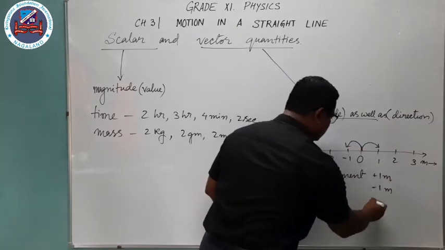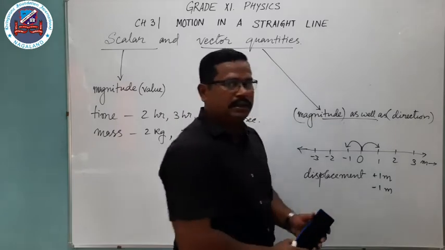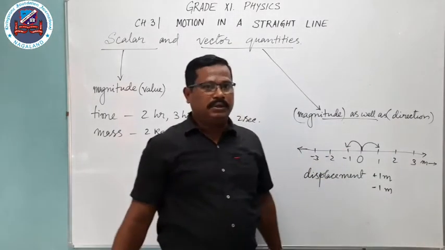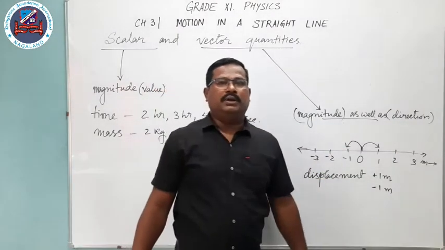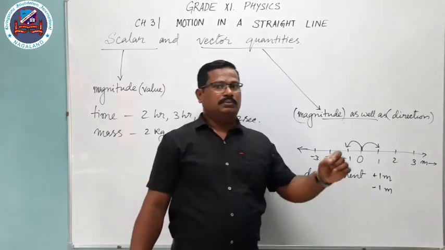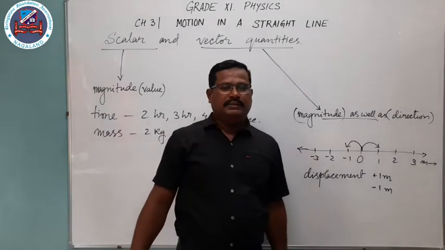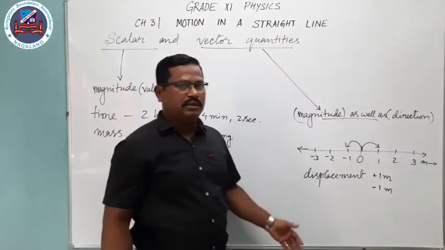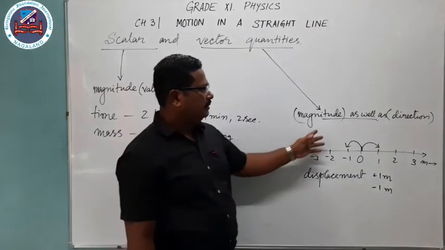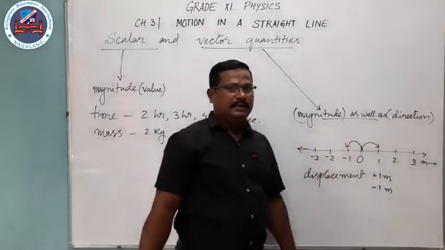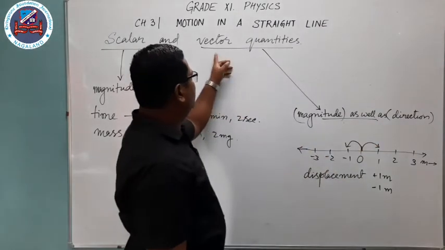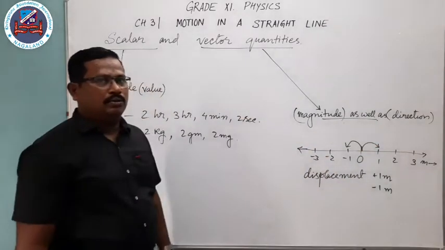Like that, velocity is a vector quantity, it shows both magnitude and direction. Then you have acceleration, you have force, many other physical quantities you come to know later, that have both magnitude as well as direction, and those quantities we call vector quantities.